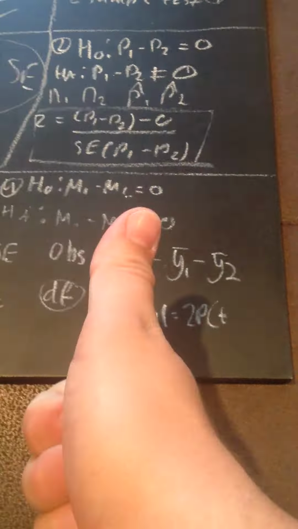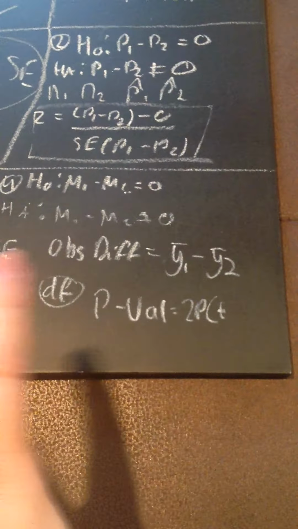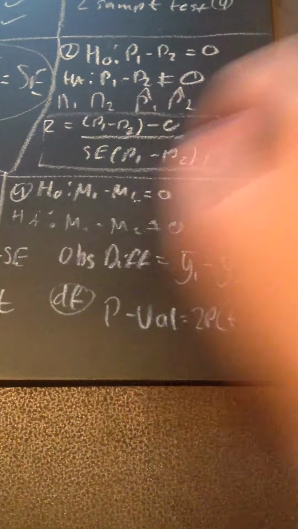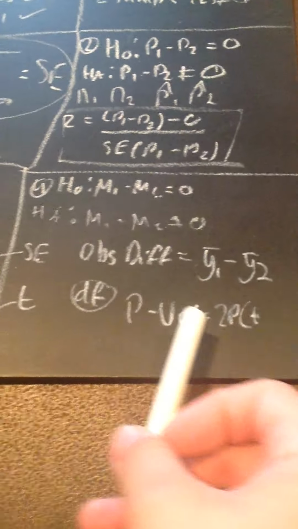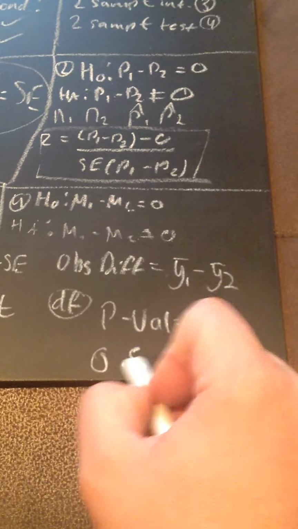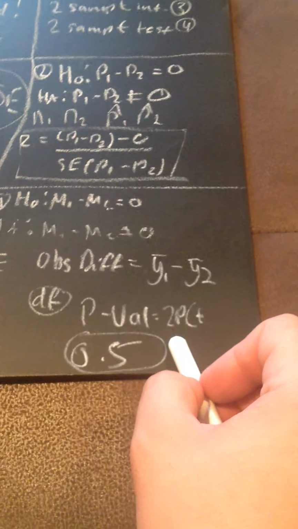If it's high, that means there's a high probability that you're going to get this from all samples. If it's low, you're going to get a low probability that you're going to have these in all samples. Meaning, if I have a random sample and I get a p-value of, say, 0.5, this is actually a really high p-value, meaning we fail to reject.